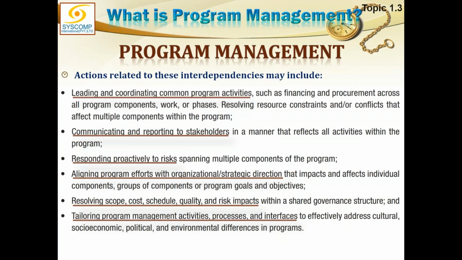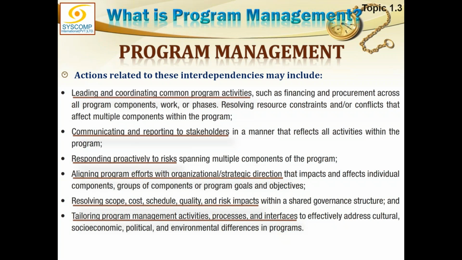Now, just look at it. I have 10 projects running under my program, but there are certain issues and elements which are common to these 10 projects. For example, there is a risk which applies to 5 of my projects. So this becomes a program risk. This does not remain a project risk because every project manager will try to deal with that risk in a different way, and we don't want that.